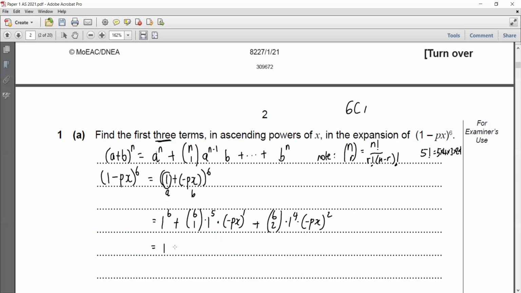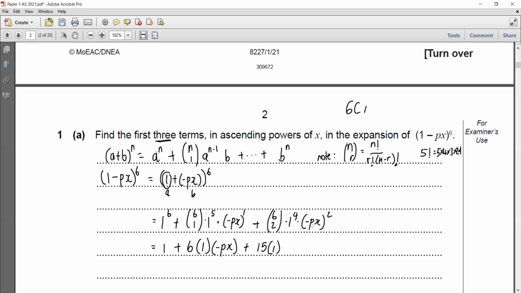So 6 choose 1 is 6 multiplied by 1, because 1 to the power of 5 is 1, and then (negative px) to the power of 1 is just negative px. Then 6 choose 2 is 15, 1 to the power of 4 is 1, and then (negative px) squared.